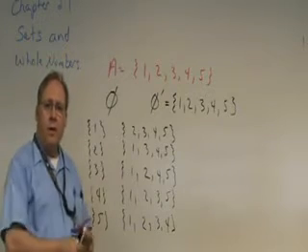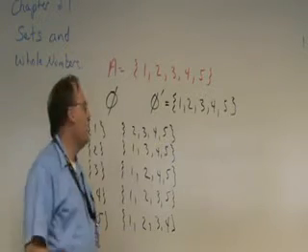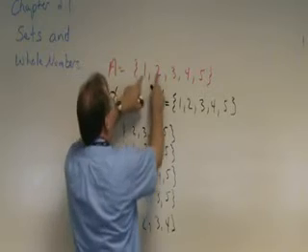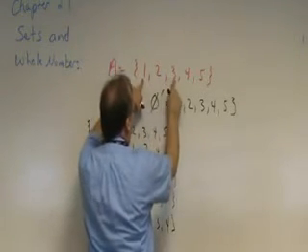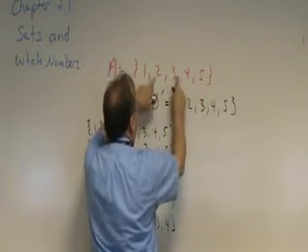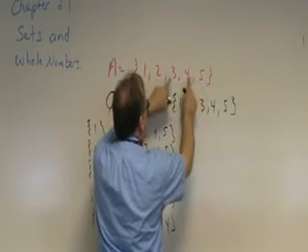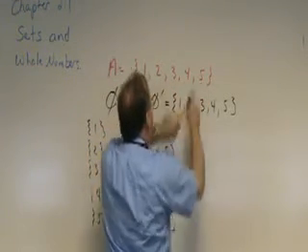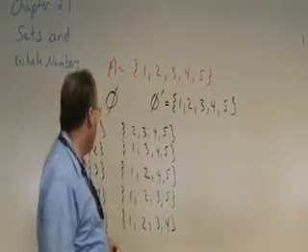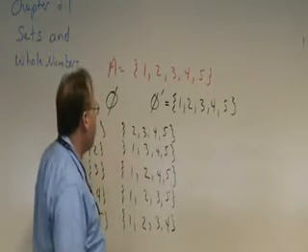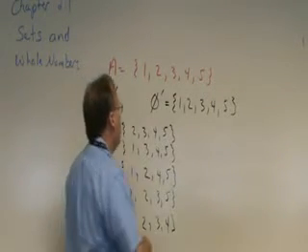Okay. Well, now what about subsets of size 2? Well, I can do that. I can do this as a subset of size 2, this one, this one, this one, this one, this one, this one, this one, this one, and this one. Okay, so let's see what I can do here. I'll start here.